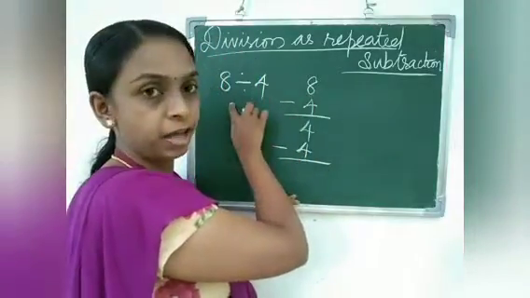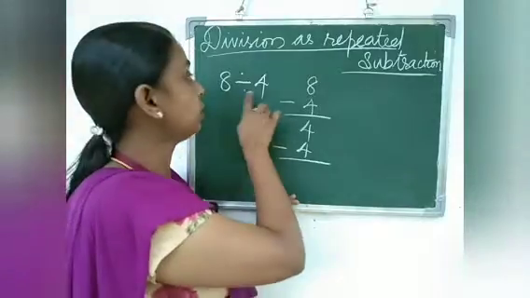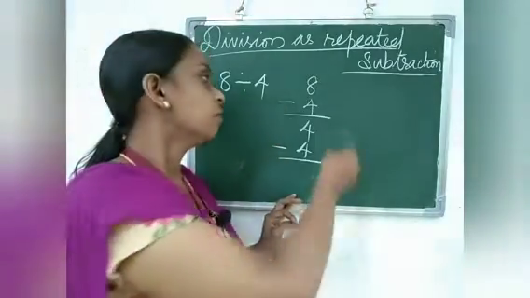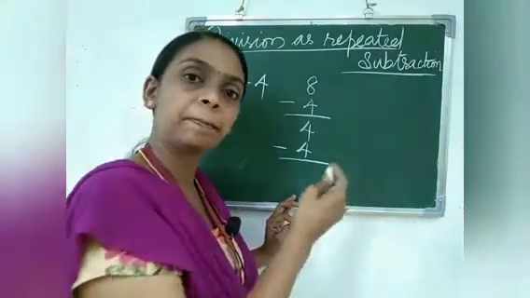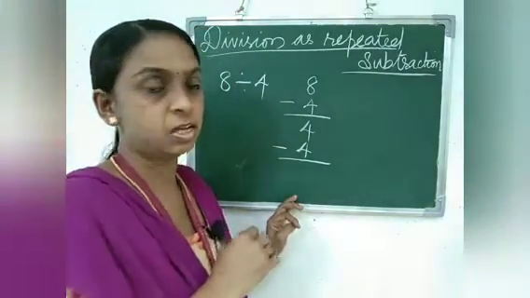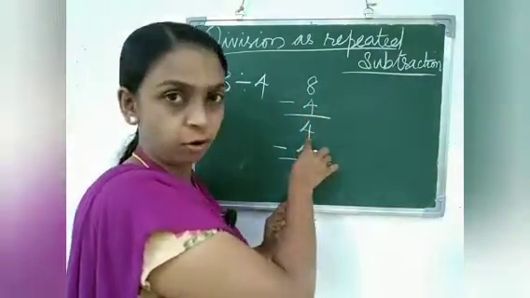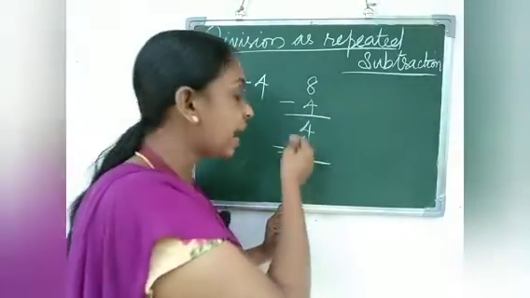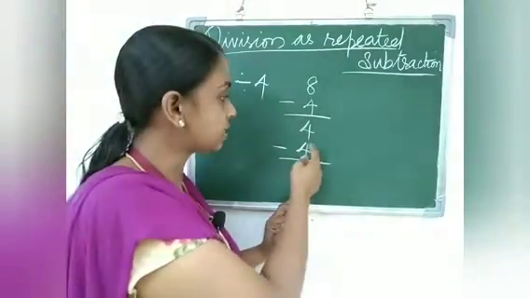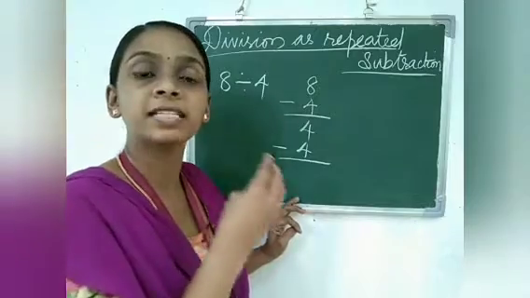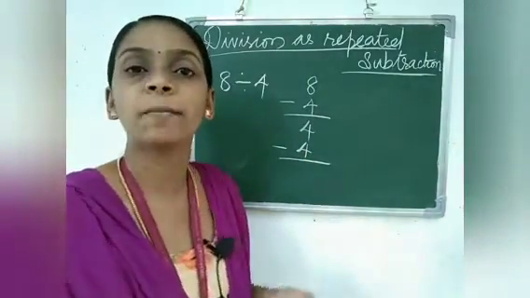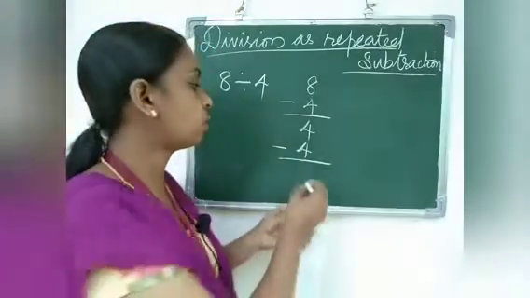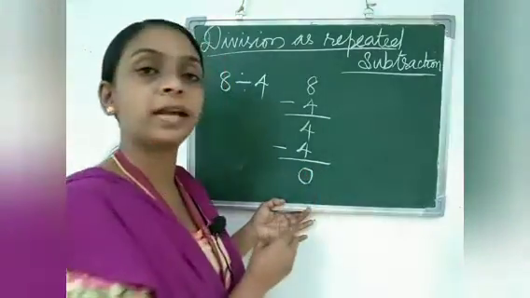That is, we have to divide 8 by 4, and for that we are finding the answer by the repeated subtraction method. So 8 minus 4 is 4, and again we subtract 4 from that answer. That is 4 minus 4. What is 4 minus 4? 4 minus 4 is 0.